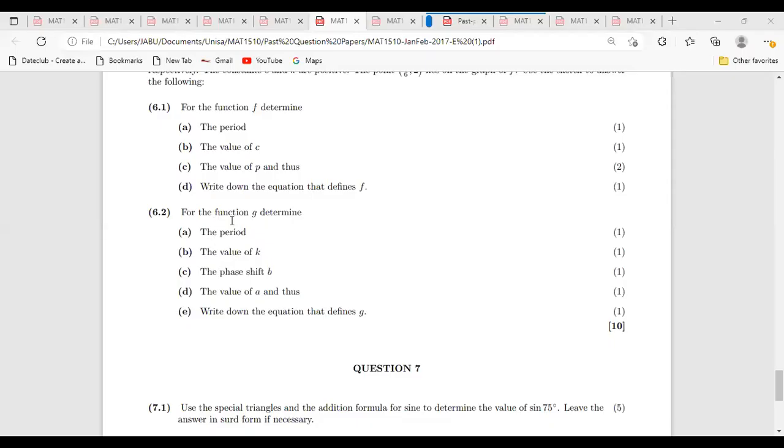Now let's do 6.2. Okay. 6.2, for the function g, determine the period.